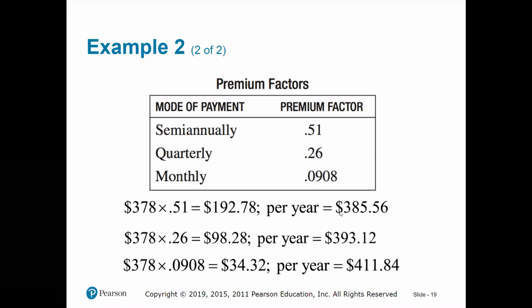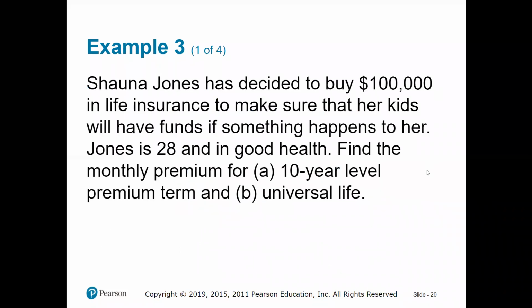So per year, it'll be $385.56 if she's paying semi-annually, $393.12 if she's paying quarterly, and $411.84 if she's paying monthly. So you can see that you're going to save the most money by just doing the annual payment. But again, some people can't afford that, so they do it the other ways.